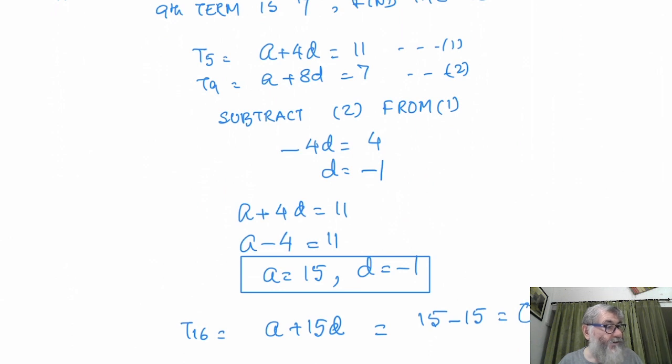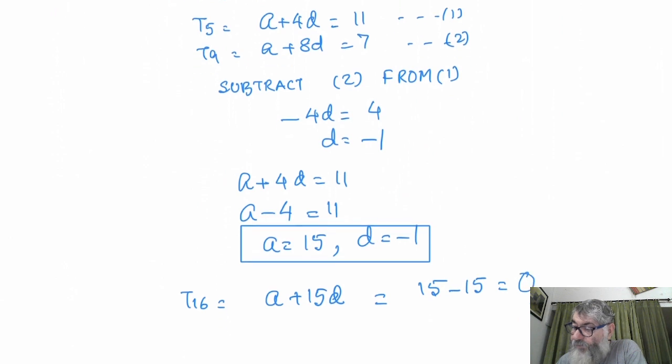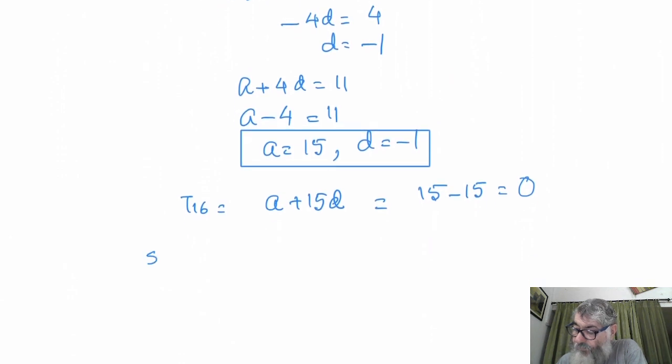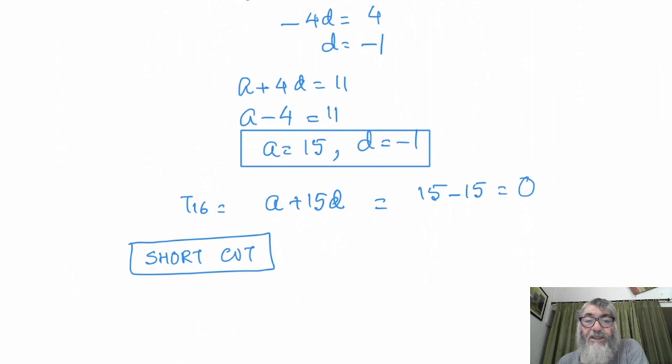Now there is a shortcut for this. Whenever two terms are given, like fifth term is given, ninth term is given, fifth term is 11, ninth term is 7, we find the difference. This is useful in your MCQs.